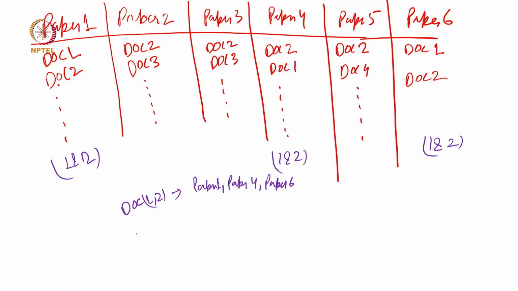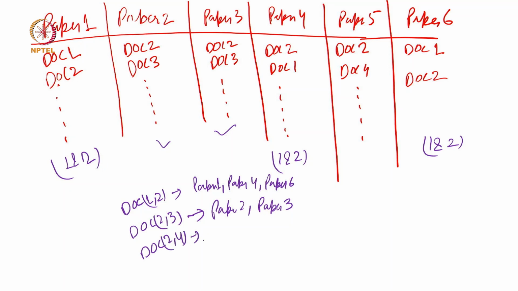Then if we see document 2 and 3, they are cited here, in paper 2 and then paper 3. And if we see document 2 and 4, they have been co-cited together in paper 5.